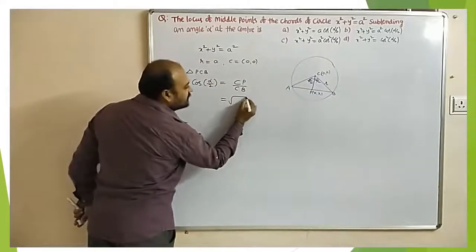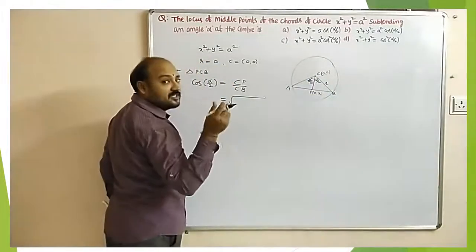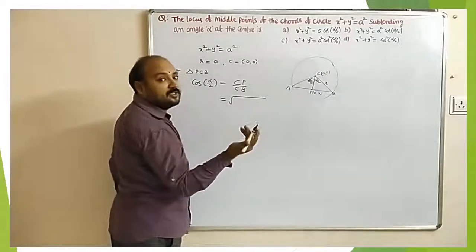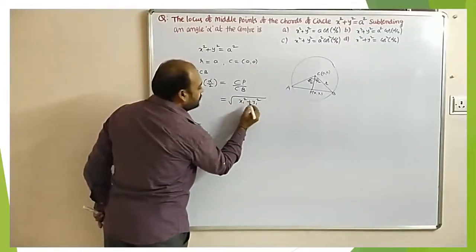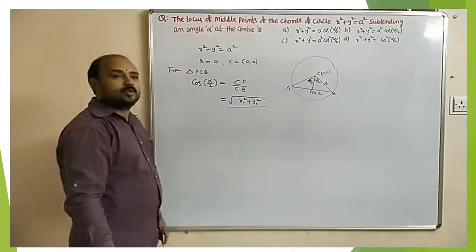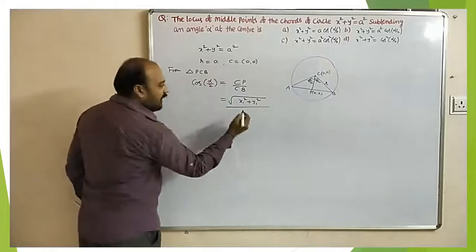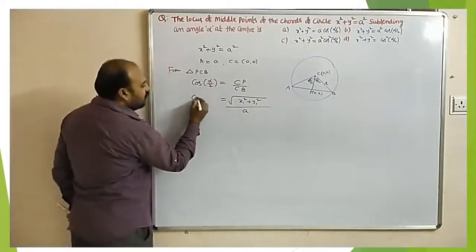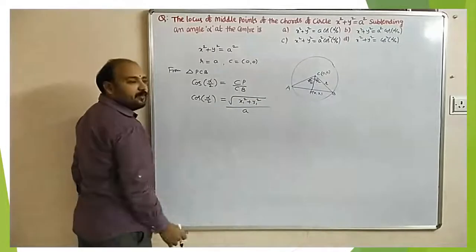CP means what? Distance between 2 points. We know that distance between 2 points, one of the point is origin. We can write as root of x1 square plus y1 square. Distance from origin to the point, divided by CB, which means radius of the circle, r is equal to a. So cos alpha by 2 equal to square root of x1 square plus y1 square by a.